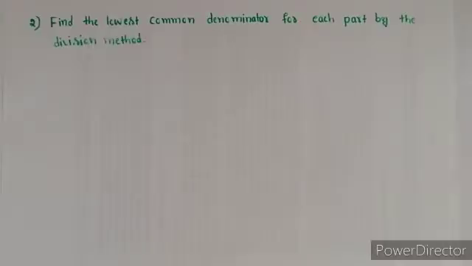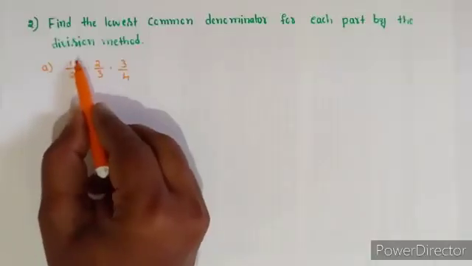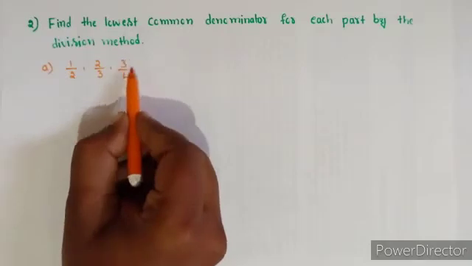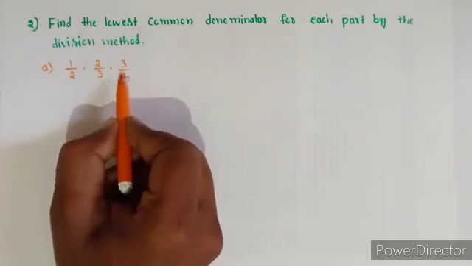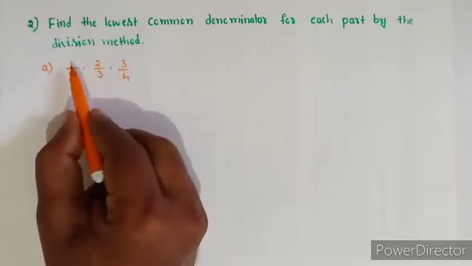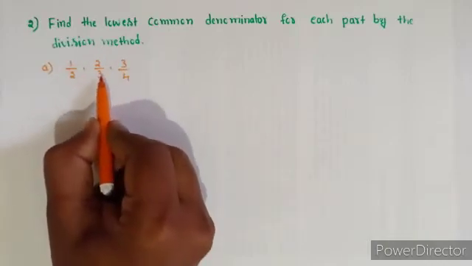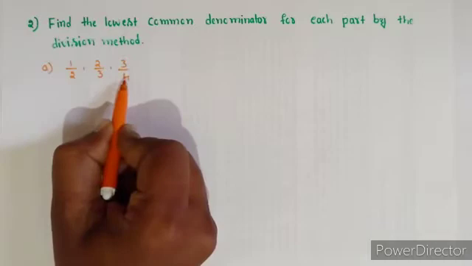Okay, and next, second one, find the lowest common denominator for each part by the division method. Okay, here for example, 1 over 2, 2 over 3, 3 over 4. Here the numerators are 1, 2, 3 and the denominators are 2, 3 and 4, right?